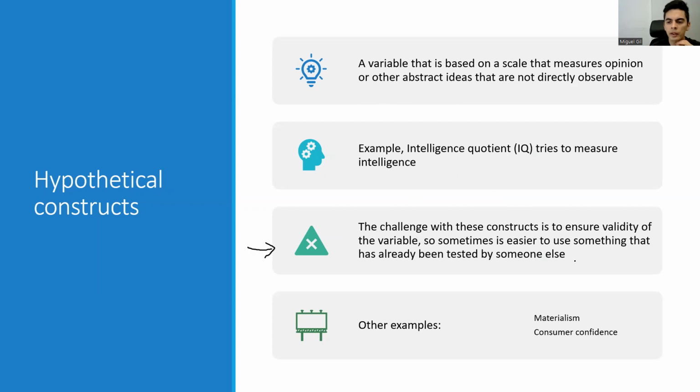So don't try to develop something new, especially in your thesis, like a new technique or a new variable to measure intelligence, because it is a mess. You need to show that it is reliable, that it is valid, that it has been tested. It's very complicated. It is easier if you use something that has already been tested.